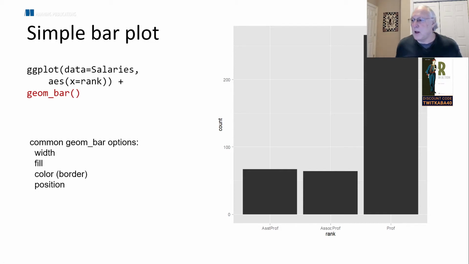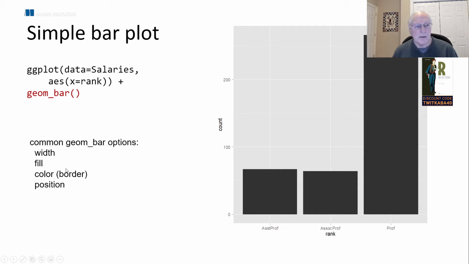To use ggplot, it's really helpful to understand the difference between fill and color. Color is the color for geometric objects that have no area. So a point, for example, theoretically has no area. A line has no area. The border around a bar has no area.